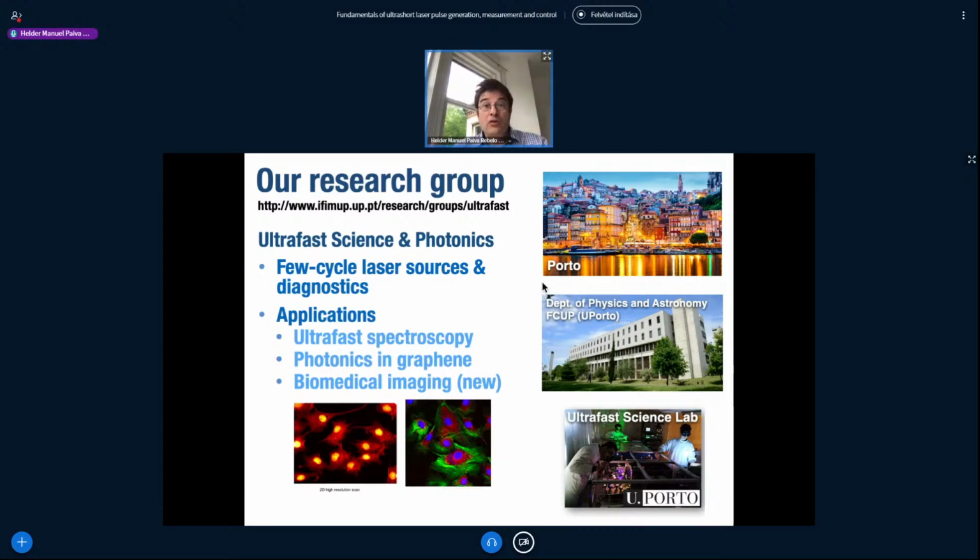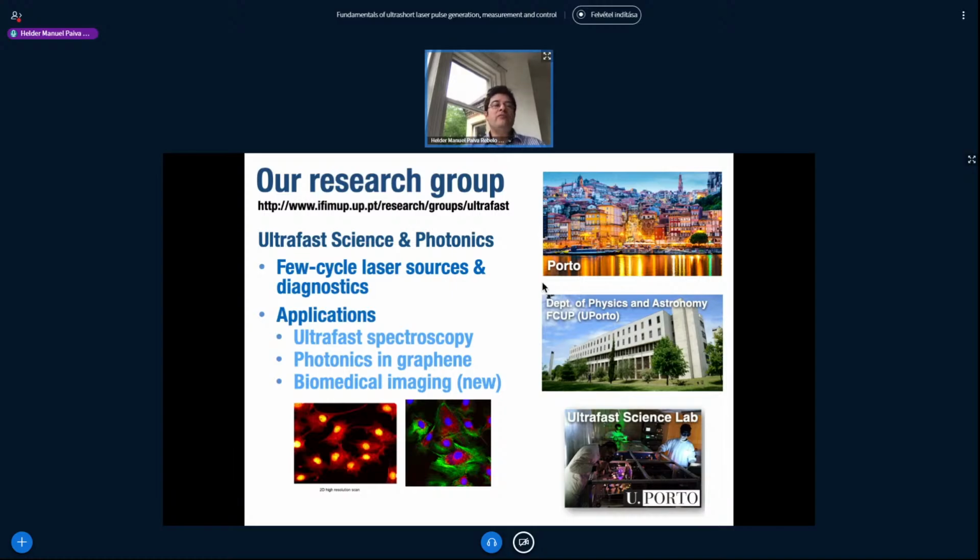We have been mostly devoted to two things. On one hand, the development of new light sources based on lasers, capable of generating pulses with unique characteristics. And this is also intimately related to their measurement and control. You cannot really separate generation from measurement and control. So that's one of the things we have been doing.